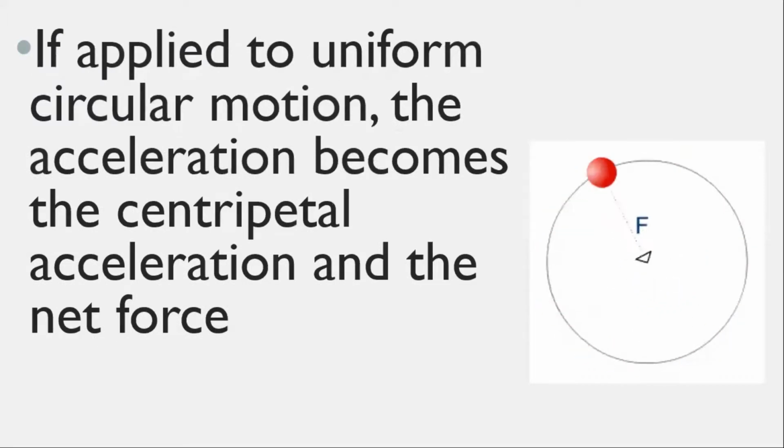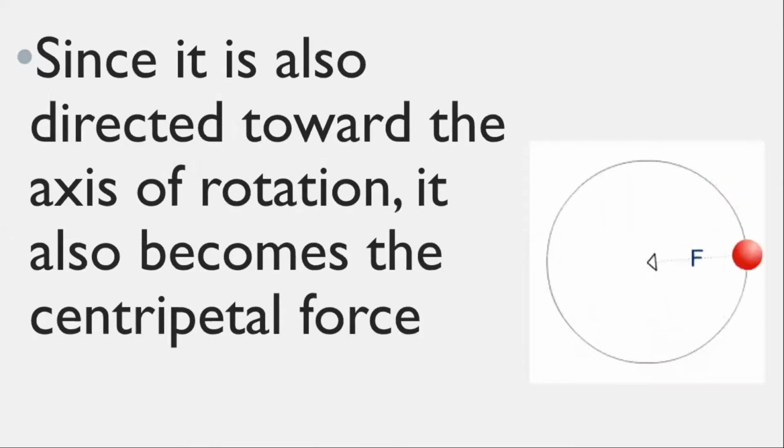In a uniform circular motion, the acceleration becomes the centripetal acceleration. Sounds familiar, right? And the net force, since it is also directed toward the axis of rotation at the middle, also becomes the centripetal force.